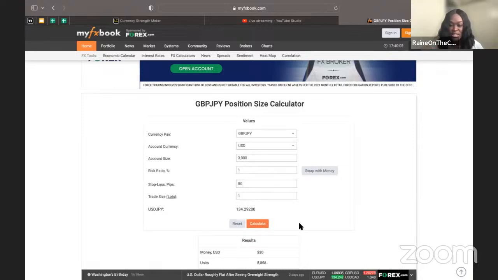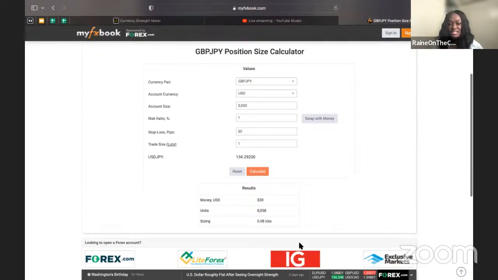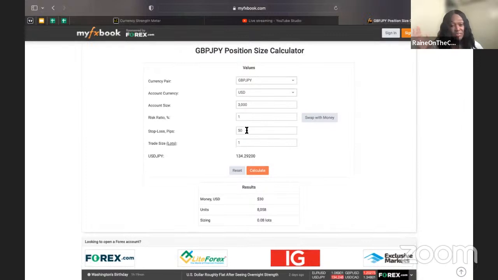So we calculate. 1% of $3,000 is $30, right? So I only want to lose $30. If it hits my stop loss of 50 pips, because based on my analysis, if it goes 50 pips and continues, I want to be out of the trade.